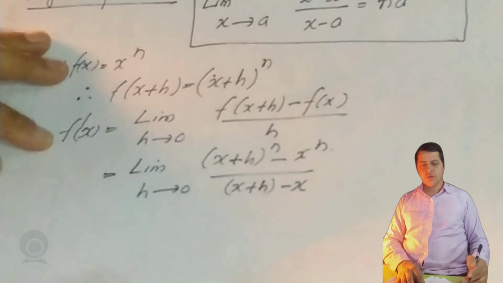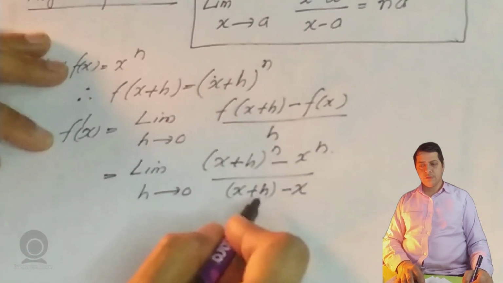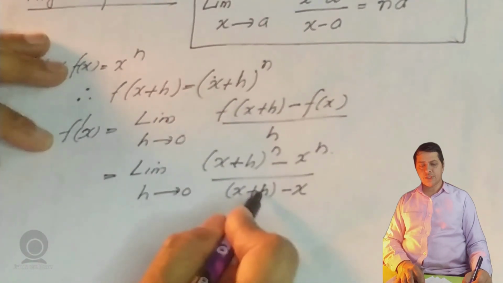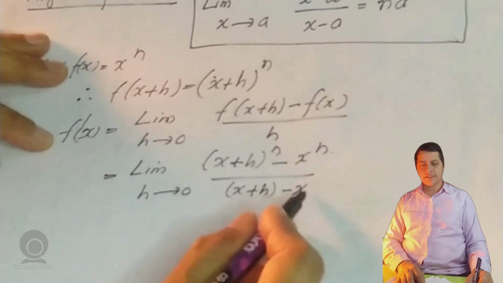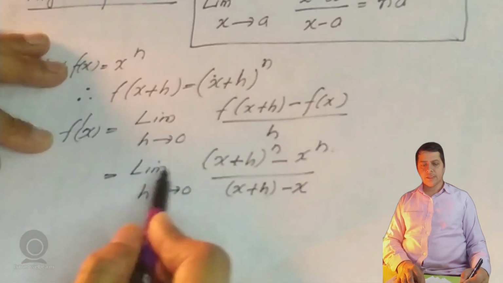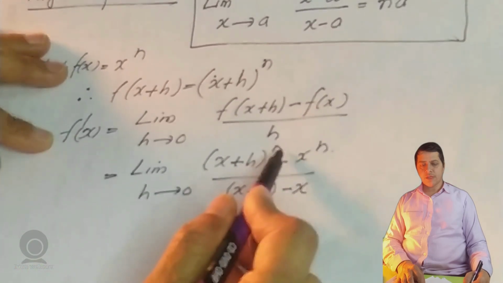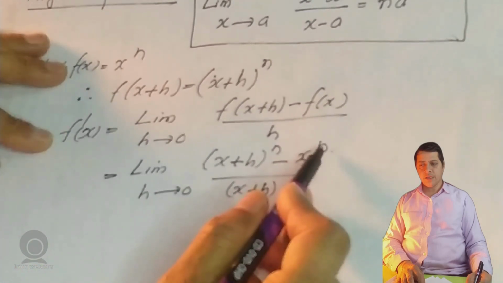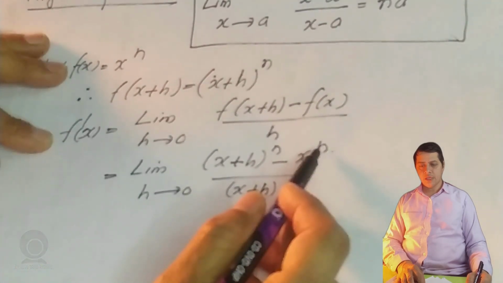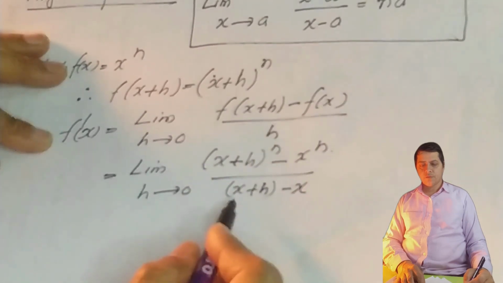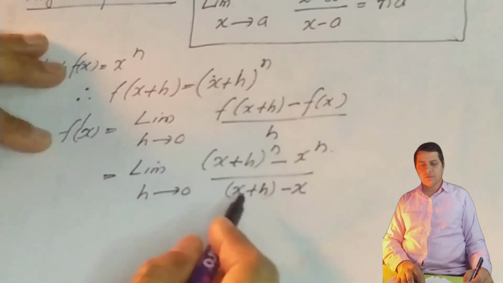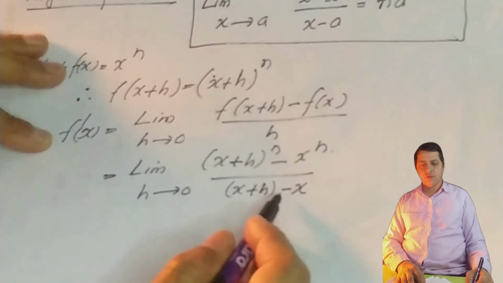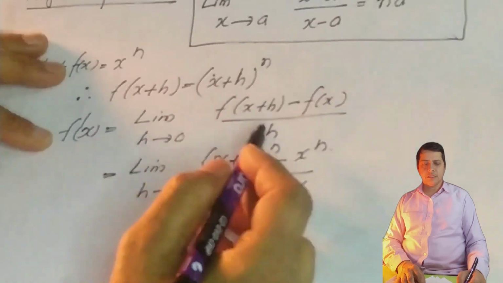Why did we get x plus h minus x here? Because in x plus h to the power of n minus x to the power of n, in place of h we have written x plus h minus x.